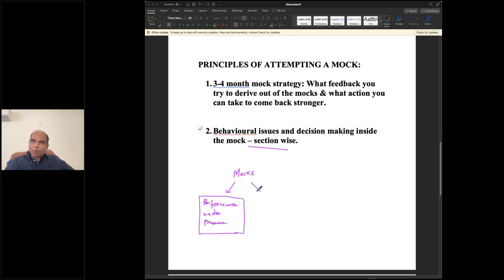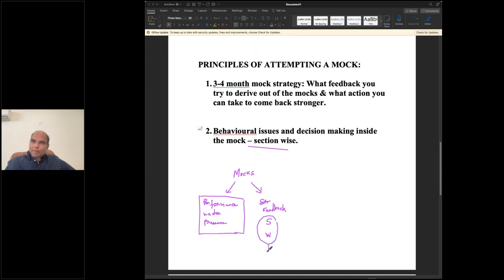And the second dimension, which a lot of people underestimate or don't realize, is that mocks give you feedback about your areas of concern. They give you feedback about your strengths, your weaknesses, and what you should be doing.